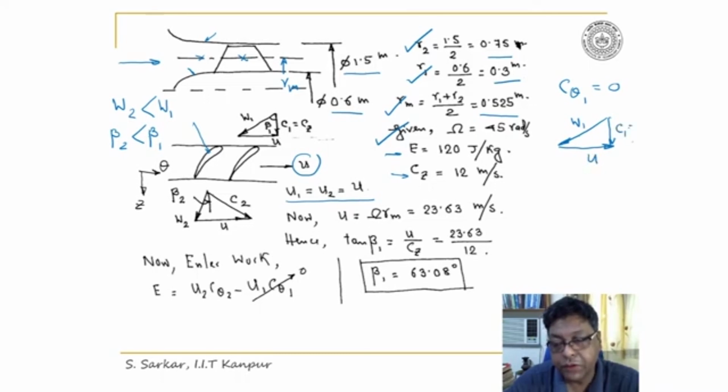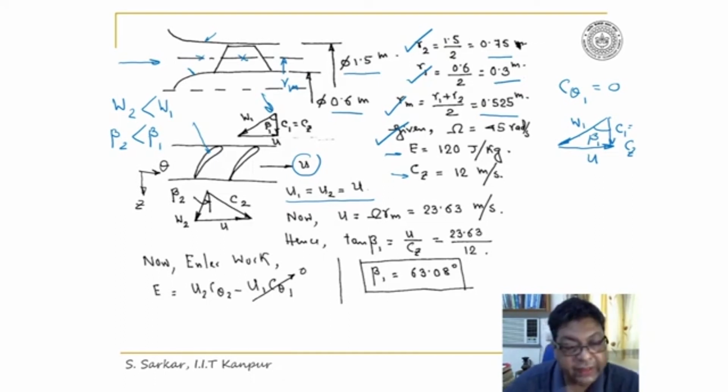C1 would be equal to Cz. Now this angle, that is the angle between W1 and the Z axis, is equal to beta 1. Here C theta 1 is equal to 0.